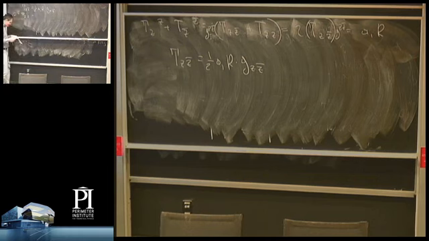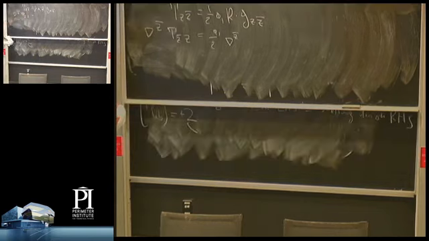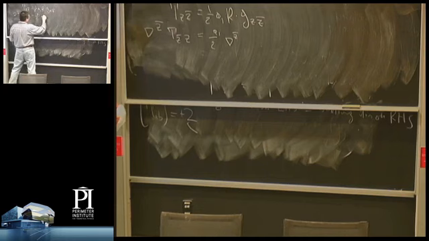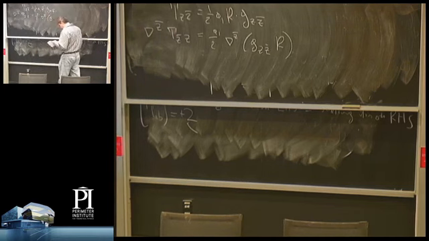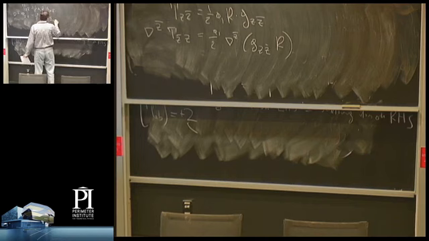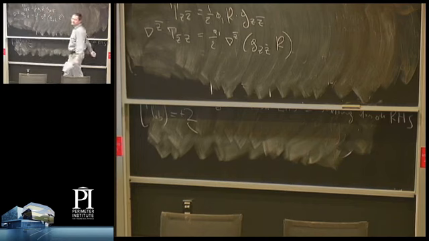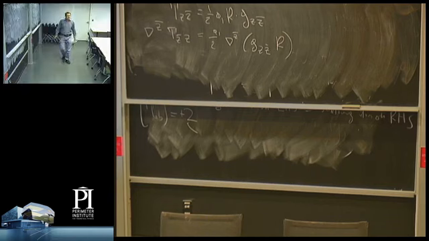And so this equals A1 over 2 del z̄ of G_{z z̄} R. We always take the covariant derivative with respect to the Levi-Civita connection, which means the metric is covariantly constant.